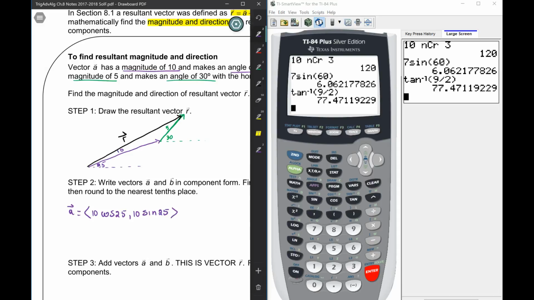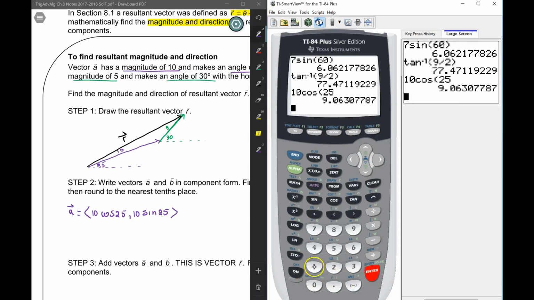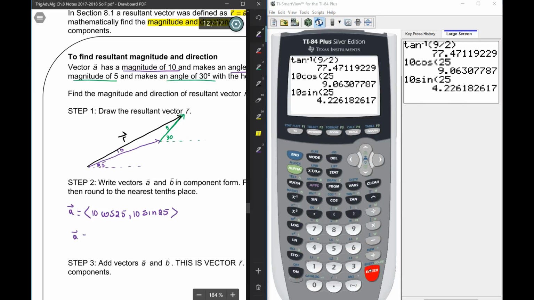Now we're putting it in component form. So this is going to be 10 cosine 25 and 10 sine 25. So 9.1 and 4.2. So A is 9.1 and 4.2.